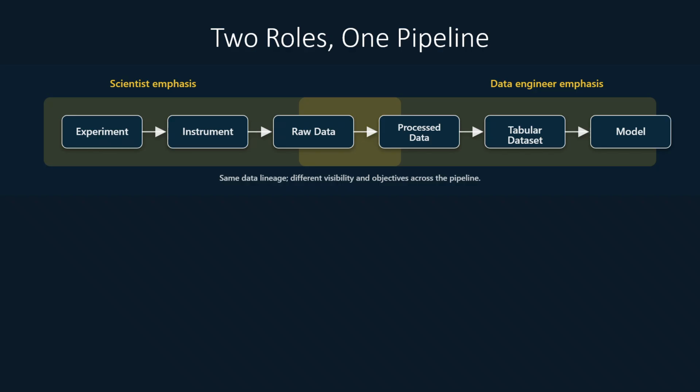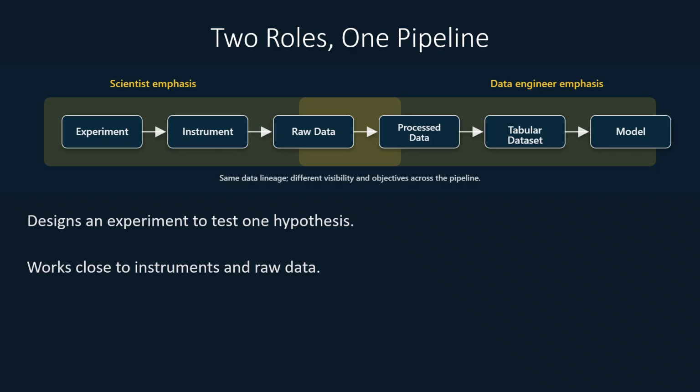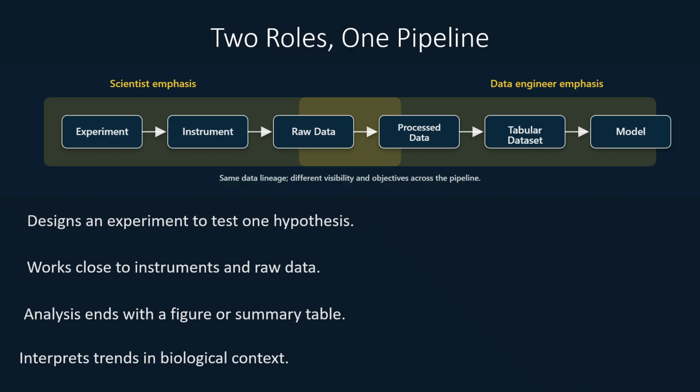Their analysis usually ends with something interpretable like a figure or a summary table rather than a reusable dataset. And most importantly, they interpret trends in biological context, asking whether the result makes sense with the underlying biology.